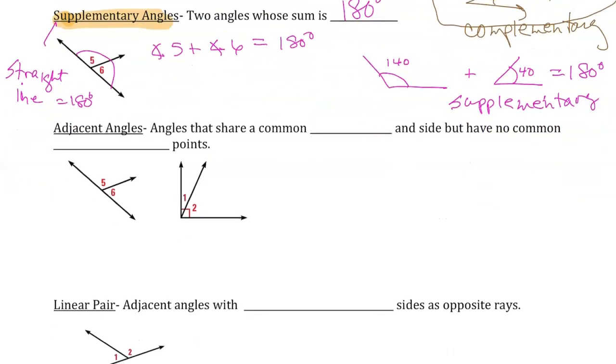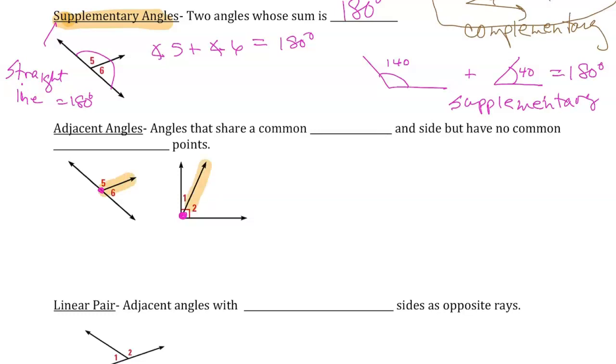Okay? Now, these are adjacent angles. Adjacent angles are next to each other. They're kind of like townhouses. They share a common point, and they also share a common side.